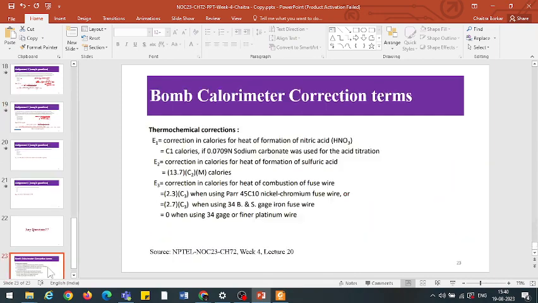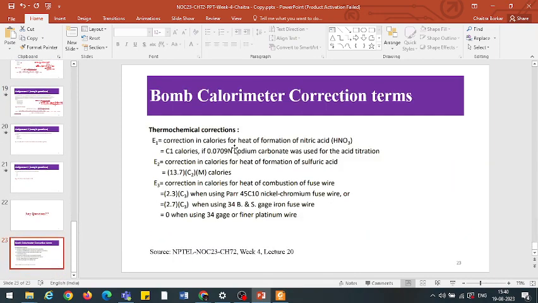So the correction terms, these are the formula given. So yes, mostly yes, you will get a bomb calorimeter question. So these are the values for different types of wires used, 2.3 into C3, 2.7 into C3. And these values are not difficult to remember or memorize. So yes, of course, you will have to. In this case, yes.